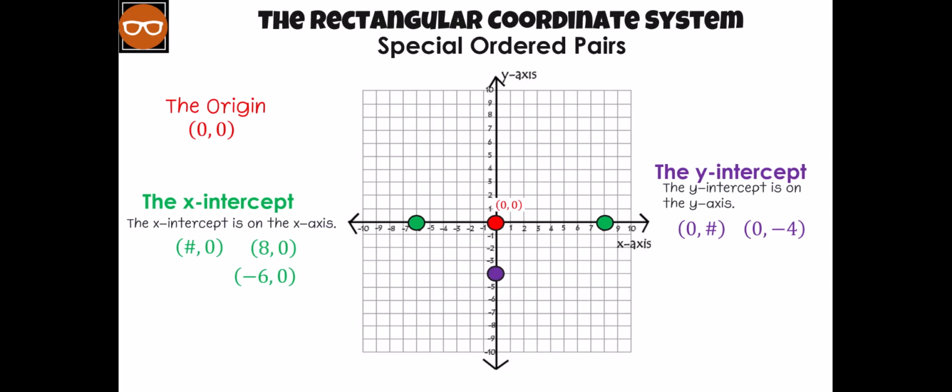Let's look at another one. 0, 7. We don't go anywhere on the x-axis, that's why we have a 0, but we go up to 7 on the y-axis. The x-intercept and y-intercept are super important when you graph linear equations. And actually, when you graph any type of equation, they're going to be really important.